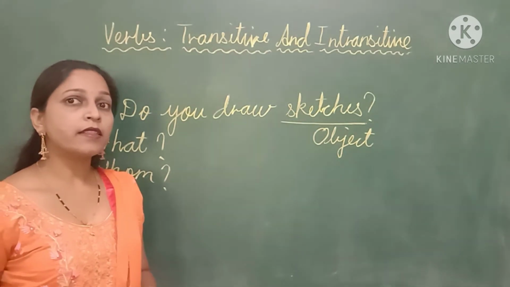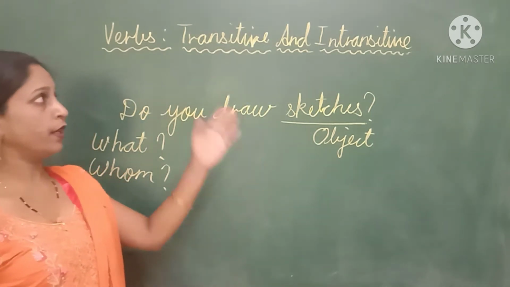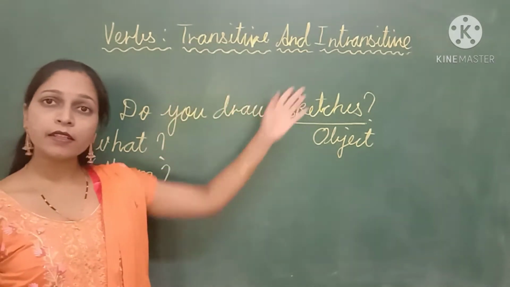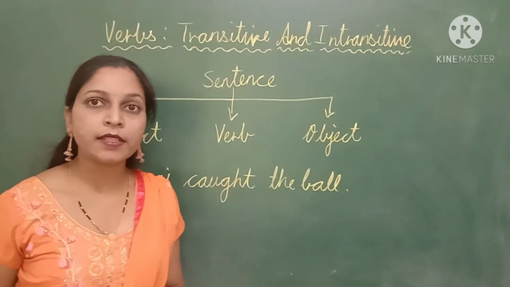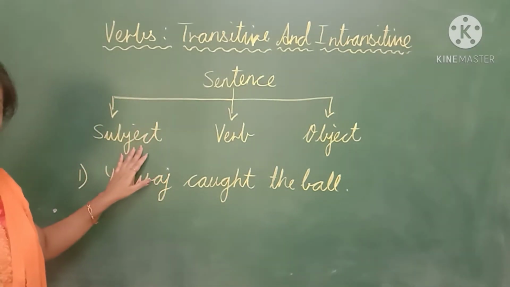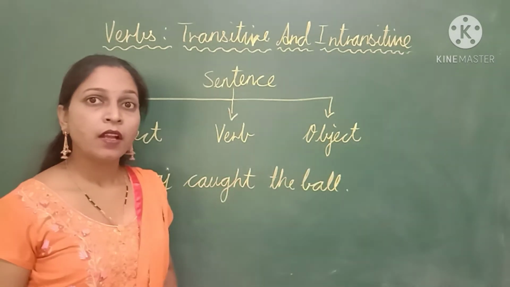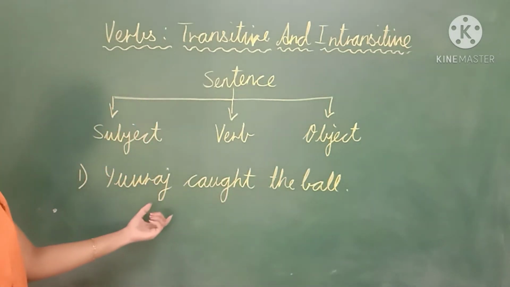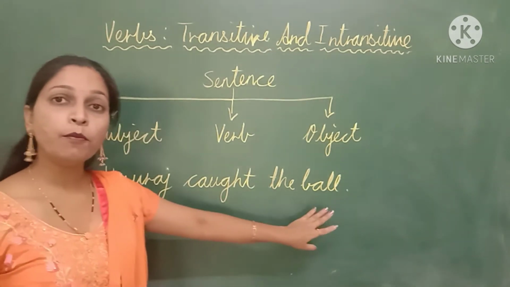So let us see a few more such examples and how to find out transitive and intransitive verbs. We all know that a sentence is made of three parts, that is subject, verb and object. Let us look at the next example. Yuvraj caught the ball.